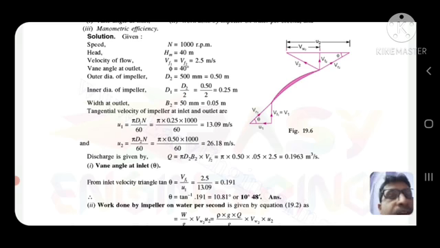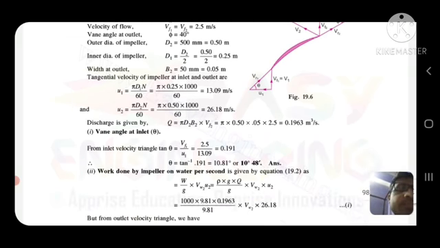Inner diameter of impeller D1 is equal to D2 by 2, 0.25 meter. Width at outlet B2 is 50 millimeter, 0.05 meter.